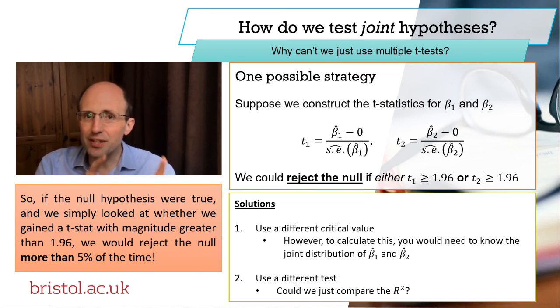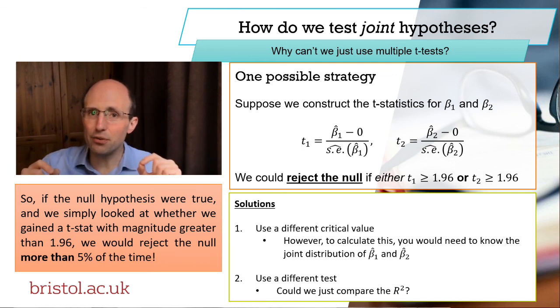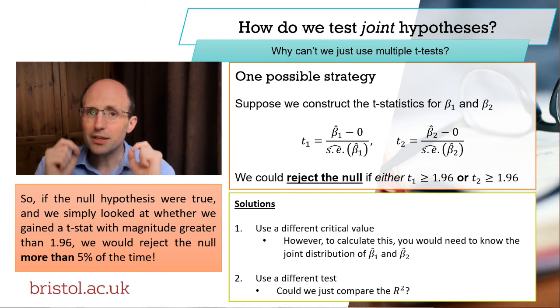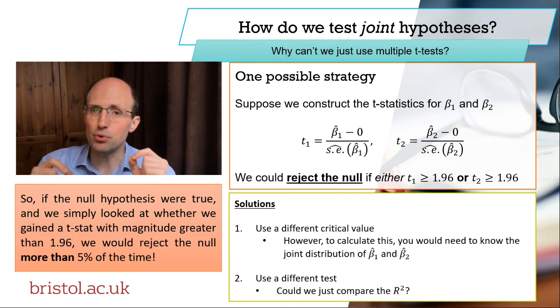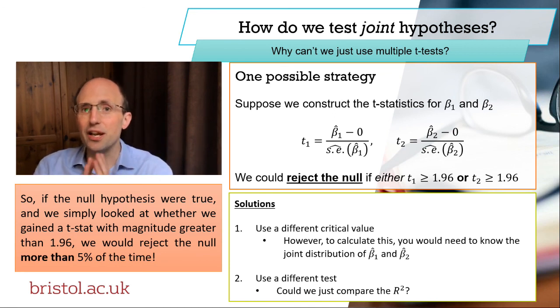But as we're going to see in the next session, whenever we add in additional explanatory variables, the R-squared is always going to increase. So we need to have a metric which will allow us to compare specifications, where we look at whether or not including these additional variables genuinely improves the model. And the test that we end up developing, and we'll talk about this in session 10, is known as an F-test.